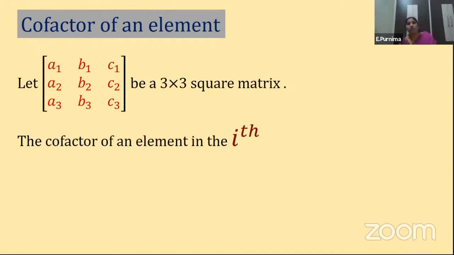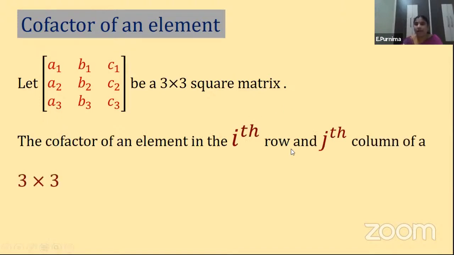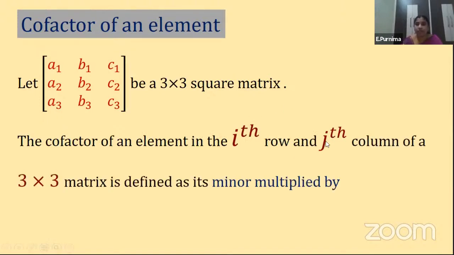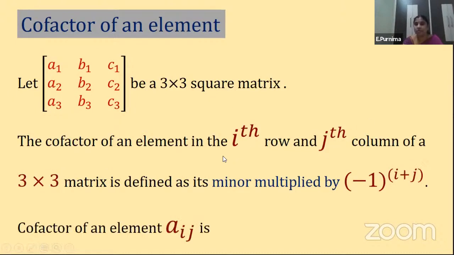Is it clear? Now, what is the cofactor of an element in the ith row and jth column? Ith row and jth column means what? In which row it is present and in which column it is present. i represents the row number and j represents the column number in which the element is present. So whatever element you are finding the cofactor of, we have to see the row number and column number of that element.